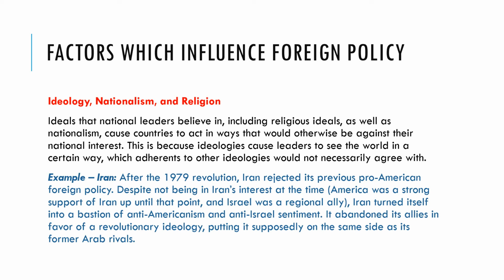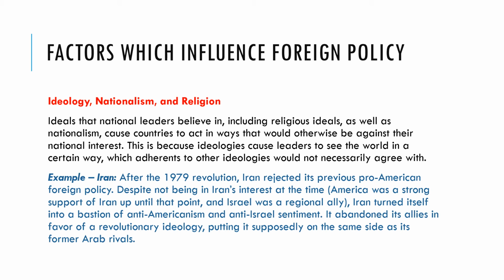So, for example, we could take Iran and the 1979 revolution. After the revolution, the new government of Khomeini rejected the previous pro-American, or I would even say pro-Western, foreign policy. Despite this not being in Iran's interest at that particular time, America was a strong supporter of Iran up until that point, and Israel was a regional ally.